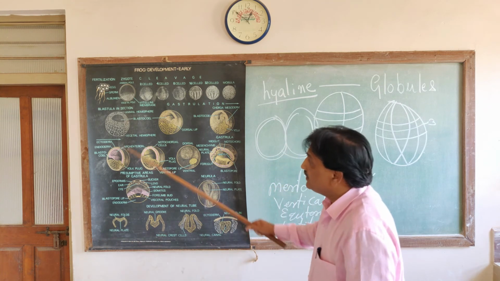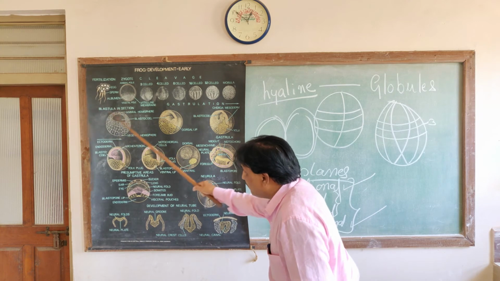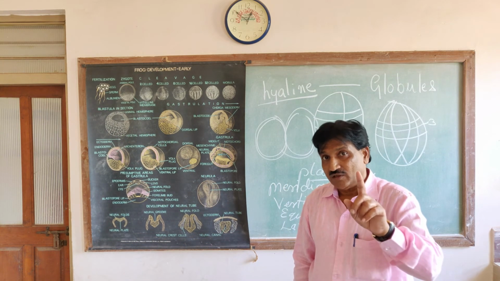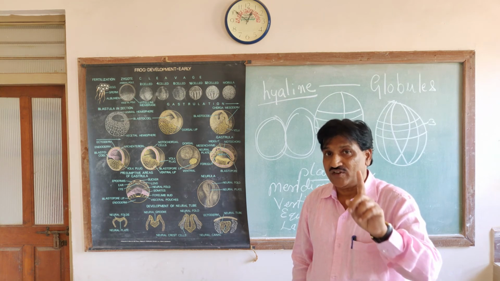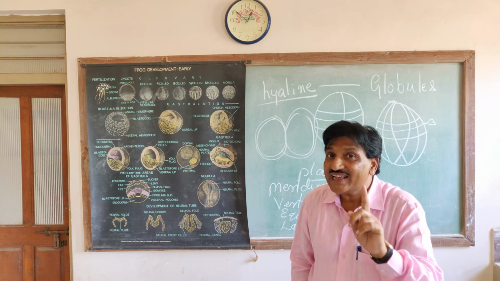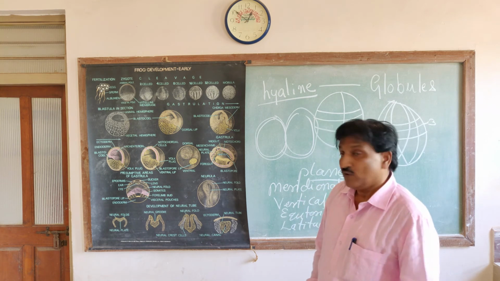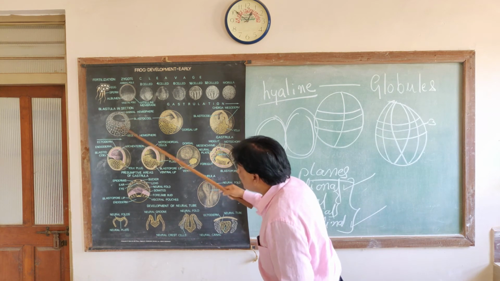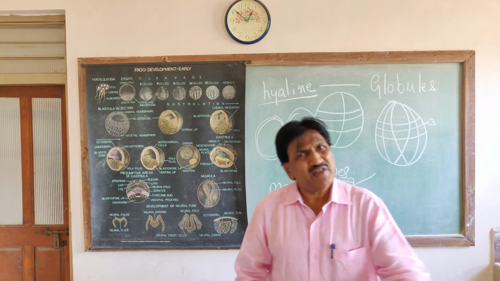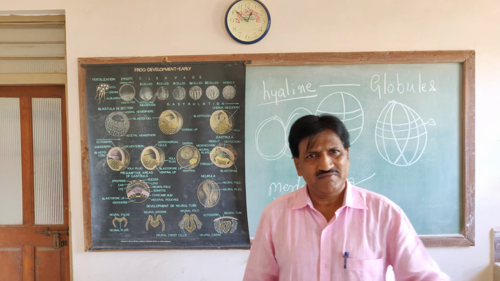The layer of the blastula is called the blastoderm. But for the position of the blastocoel, you have to write that it is eccentric. It is an eccentric position. The layer of the blastula, called the blastoderm, is made up of many cells.